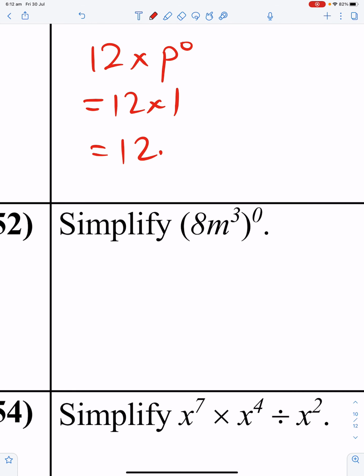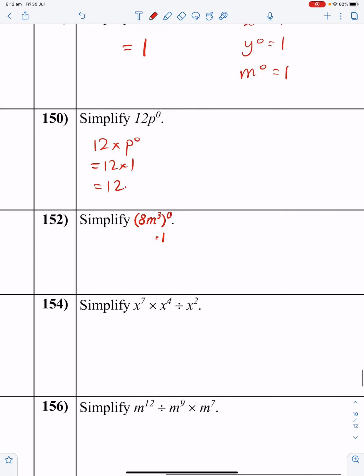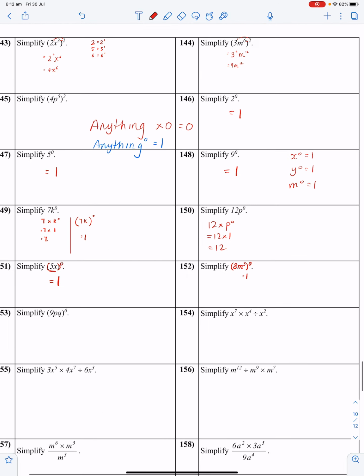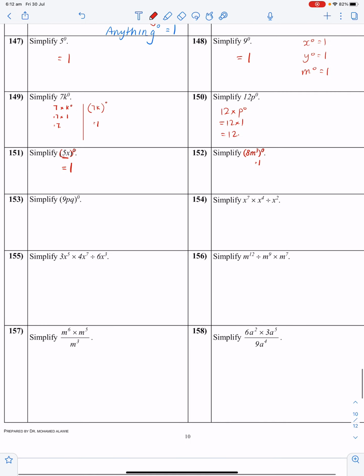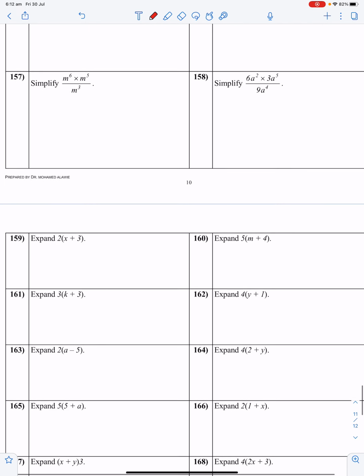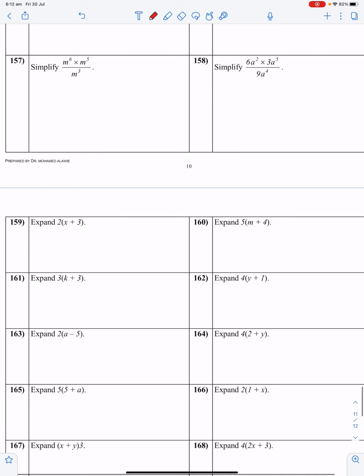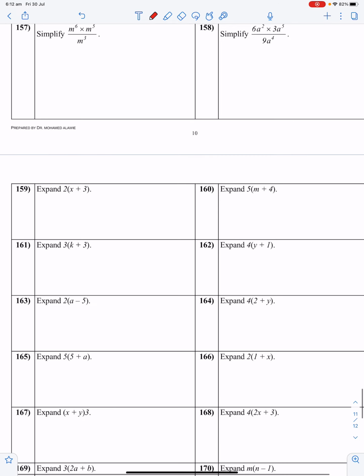Even question 152. Okay, you got the 8m cubed. The whole thing is to the power of 0, so that's going to equal to 1. Okay. The rest of this is just combining a lot of the different index laws that you already know.